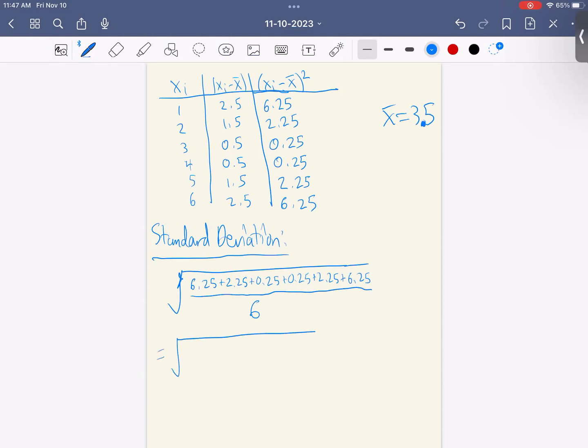So this becomes 8.5, 9, 17.5. Great. 17.5 divided by 6. Why don't we just do the whole thing? What does that come out to be when you do it all out?